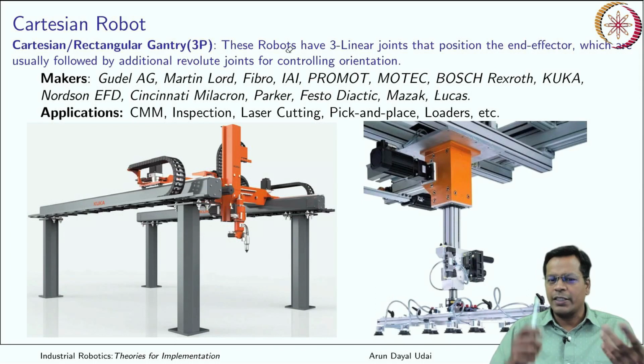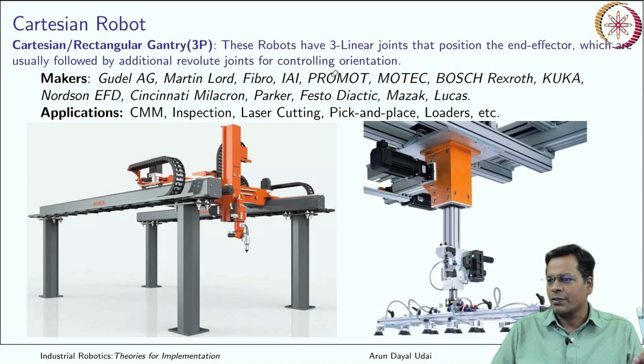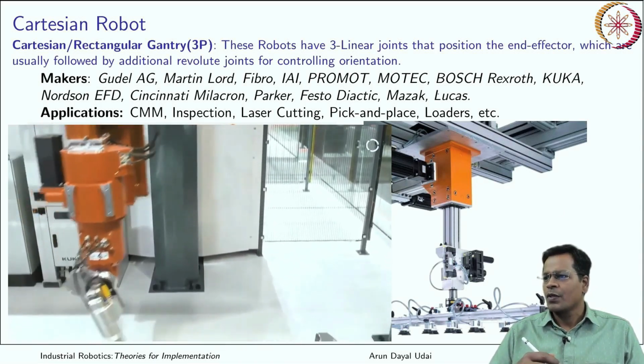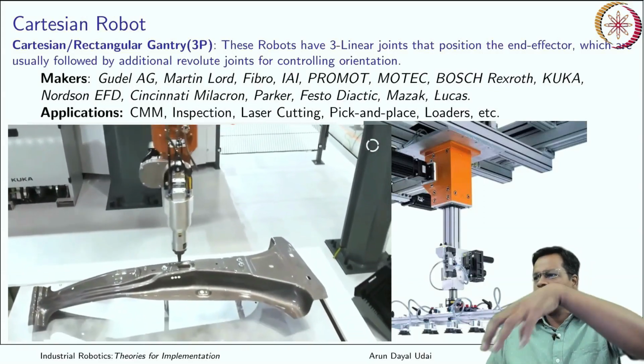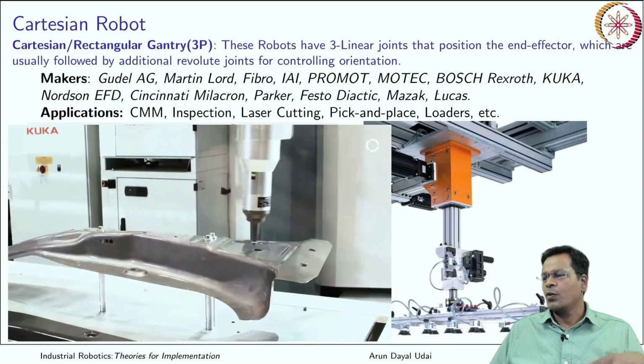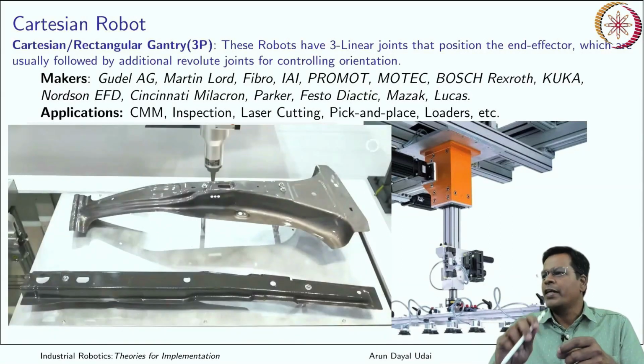But now that you have reached there, you have to do something. In order to do something, sometimes you need to orient. So I'll just show you one of the videos here. You just look carefully at what this robot does. It has an end effector which can orient so as to make itself always normal to the surface where it is working.